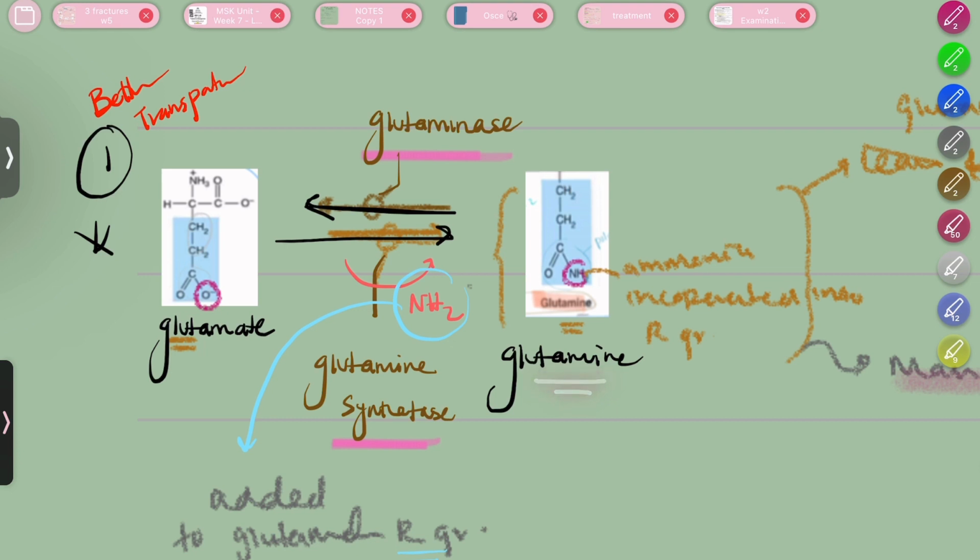Now, if you noticed in this process, unlike the deamination, in the process of transportation, this amine group is incorporated in the R group of the amino acid and not the alpha carbon or the main skeleton of the amino acid generally.